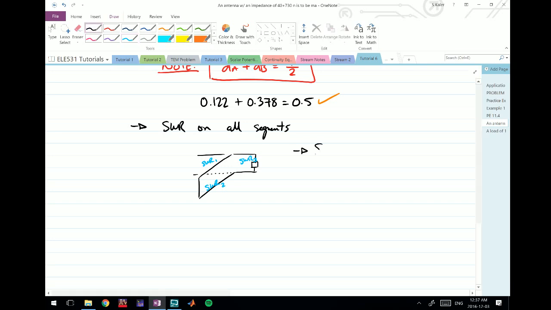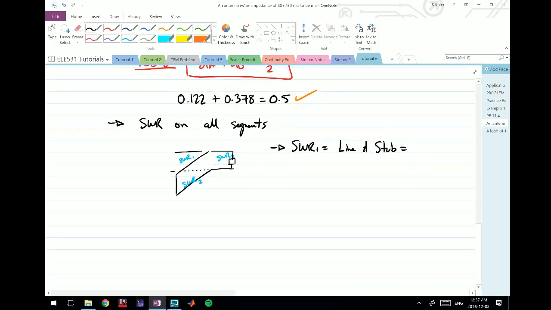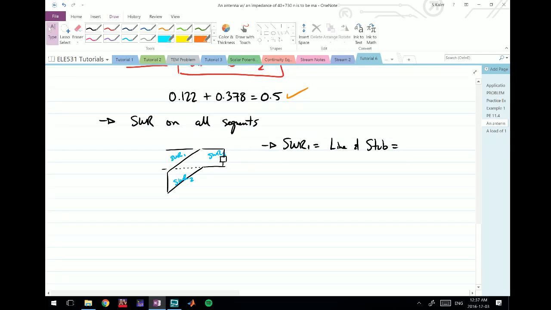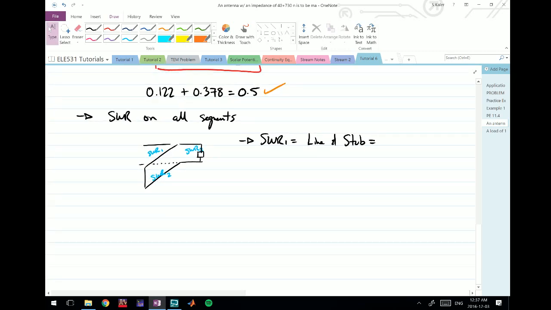So SWR1 is between line and stub. So between the line and the stub, we should have the matched condition, correct?